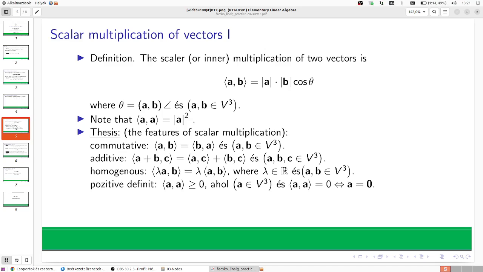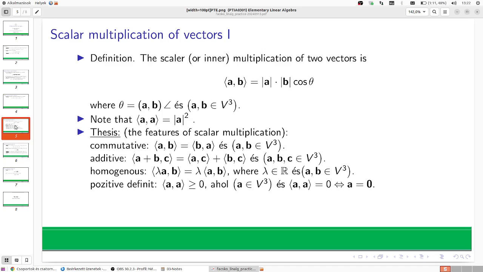The next, actually, it's a plus b. So what does it mean?